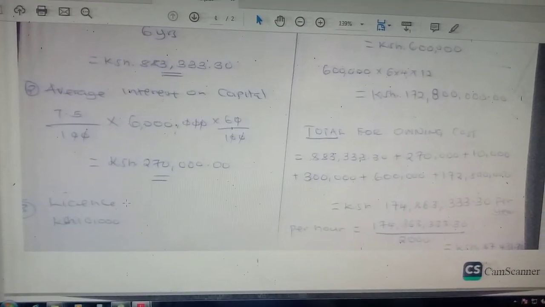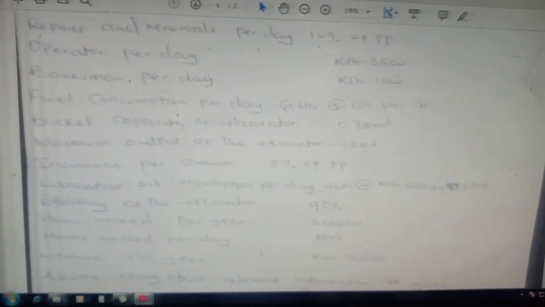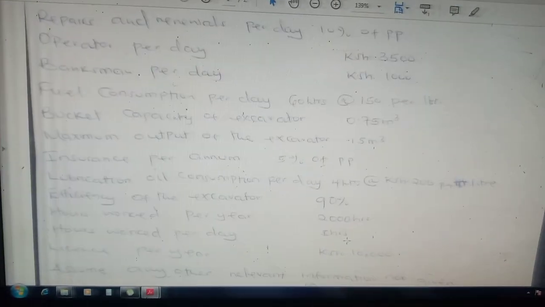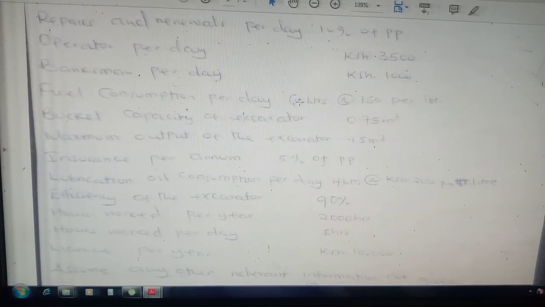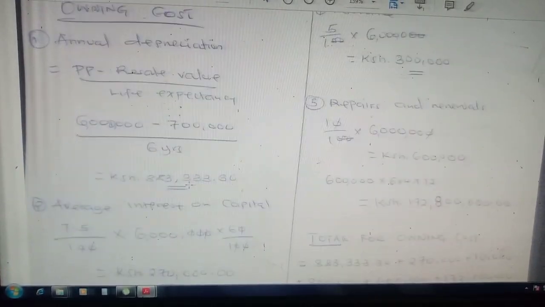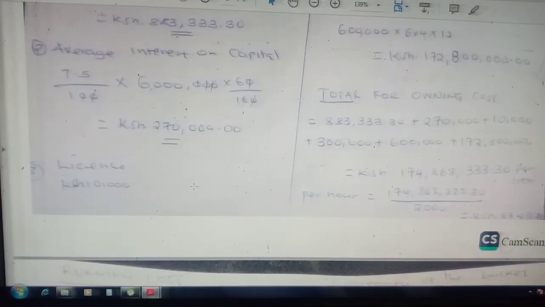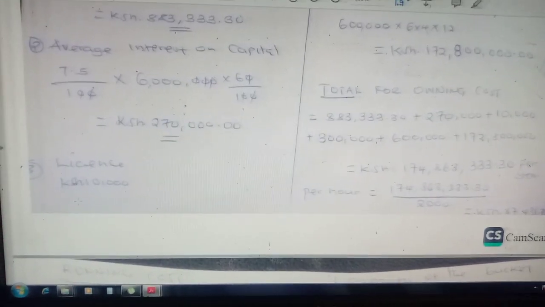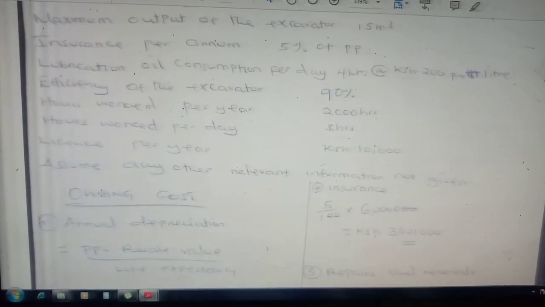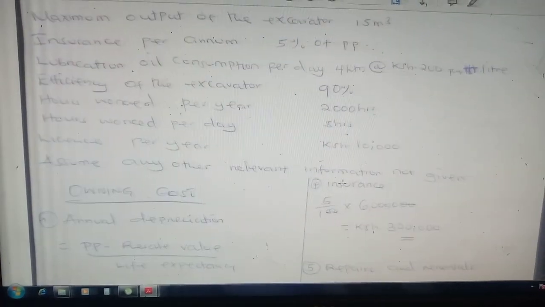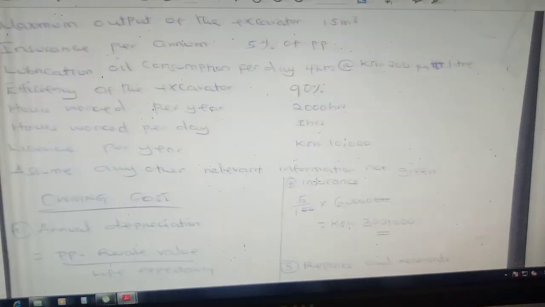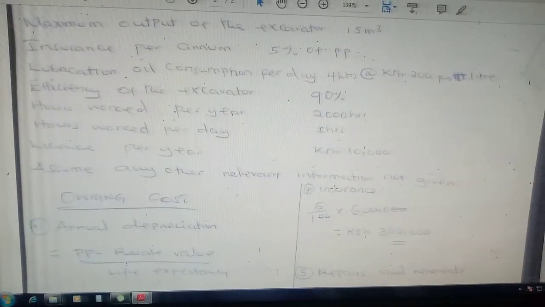Then the next item is the license. License we are directly given in the question, whereby the question says license per year is 10,000 shillings. So license, no calculation, you just write 10,000 shillings. Then we go to the fourth item, which is insurance. Insurance also will be paid by the owner of the equipment.